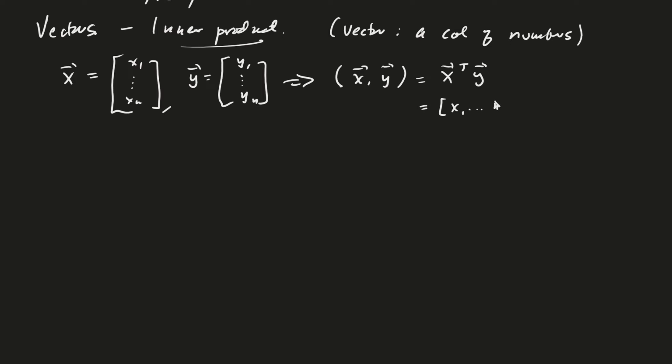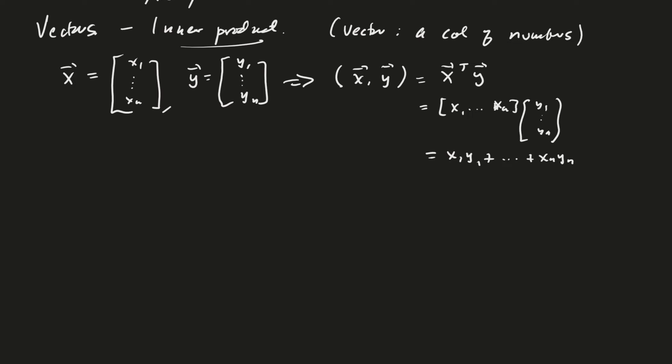If you write it out, that's x transpose times y, and that's just going to be the product x1 y1 plus and so on, added together up to xn yn. So you're taking the product element-wise between the two vectors, and then you're summing the numbers together. Good. So this is going to be a scalar that comes out of the inner product.